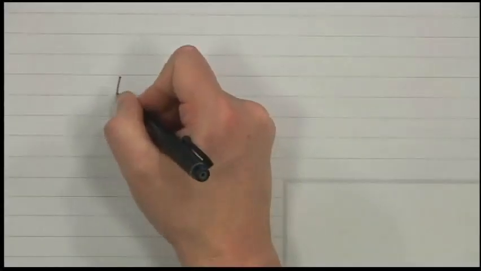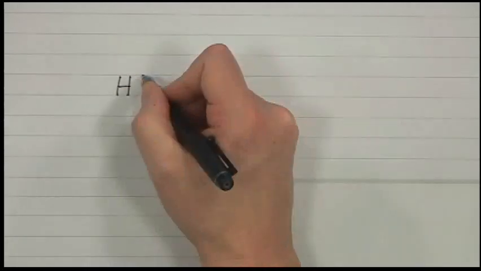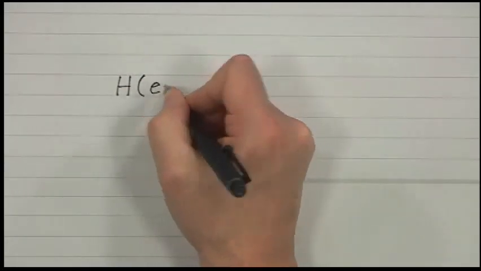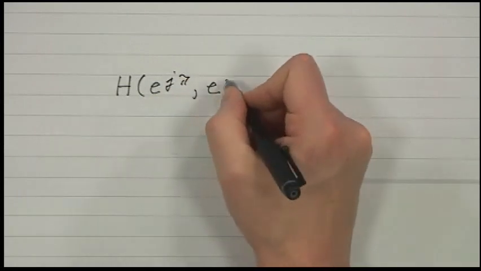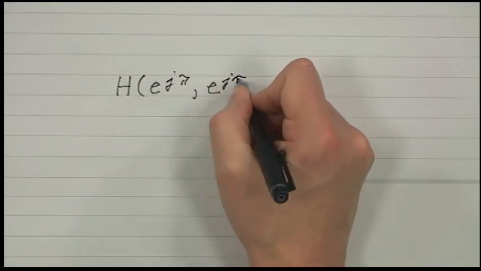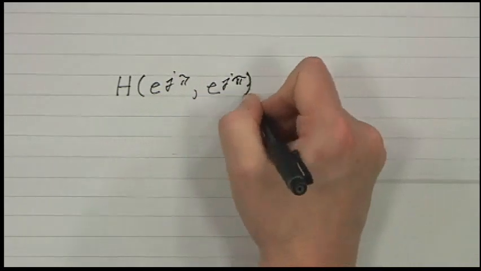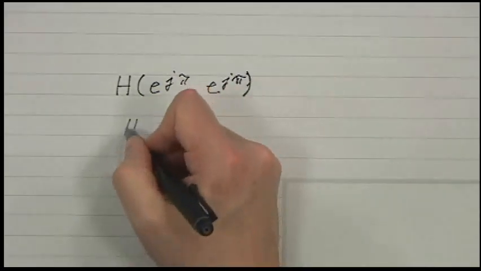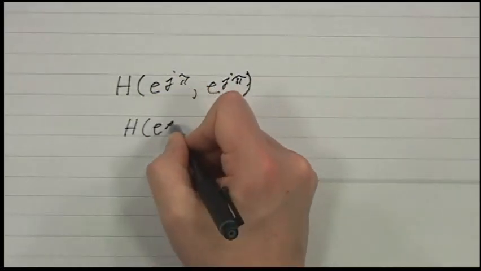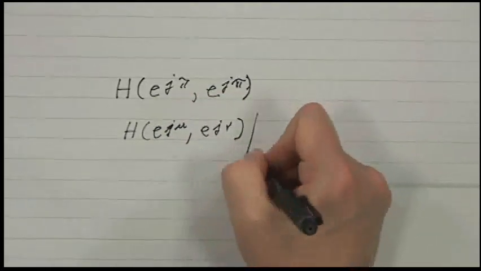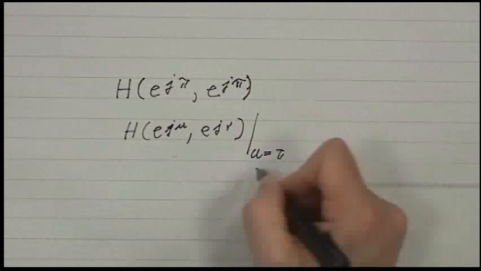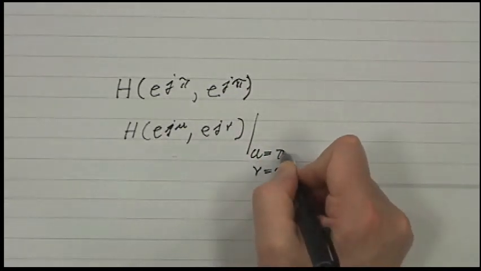What does it mean if I'm asking for e to the j pi? So that's the same thing as e to the j mu, e to the j mu, where mu is equal to pi and nu is equal to pi, right?